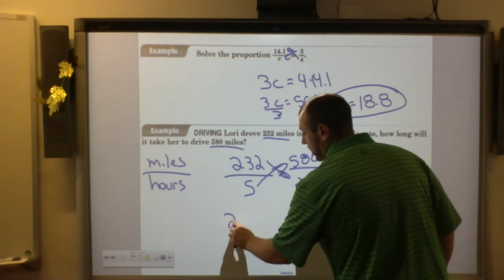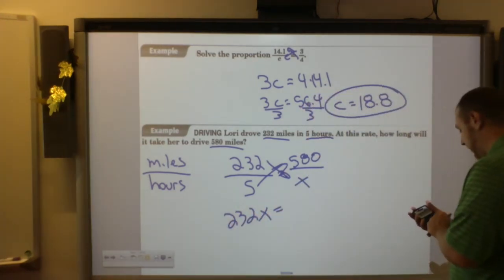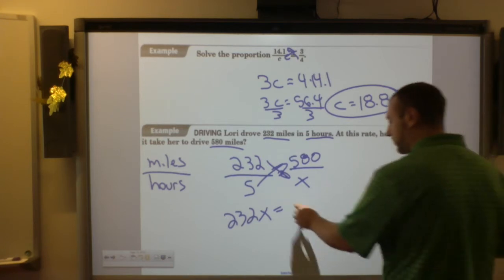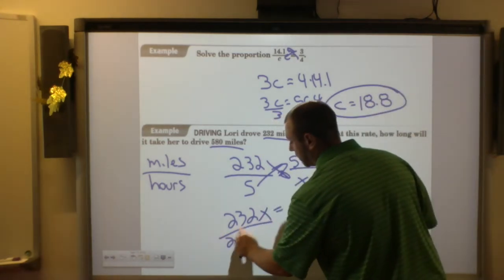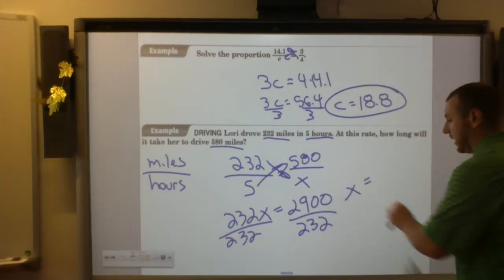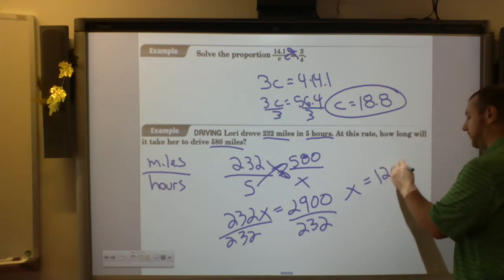232 times x is 232x equals 5 times 580, which is 2,900. Now I divide by 232. My x is 12 and a half.